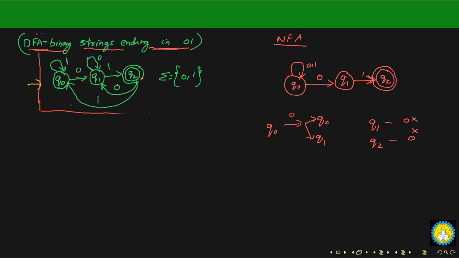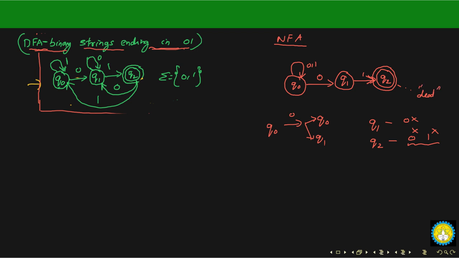The 0 transition is not defined, and the transition on 1 is also not defined. So you don't know what to do upon getting a 0 or a 1. That essentially means that from Q2, if you get a 0 or a 1, you actually go to a dead state.